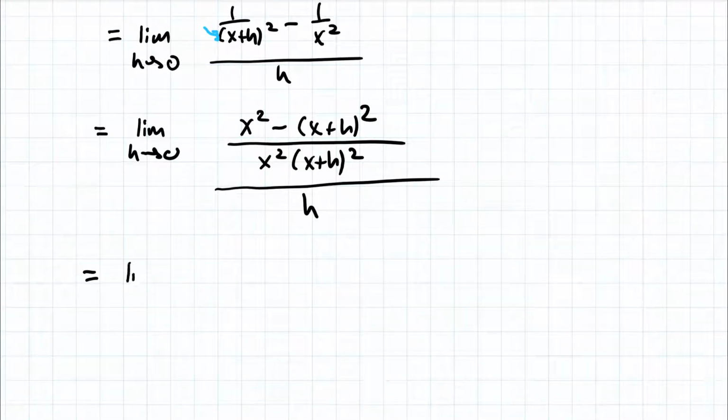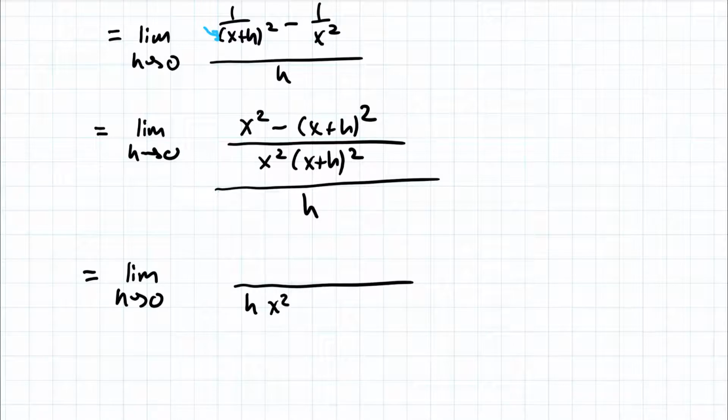All right, so this is the limit as h goes to 0 of x squared minus (x plus h) squared, all over h times x squared times (x plus h) squared. And then I'm going to expand out that (x plus h) squared. So that's x squared plus 2xh plus h squared.